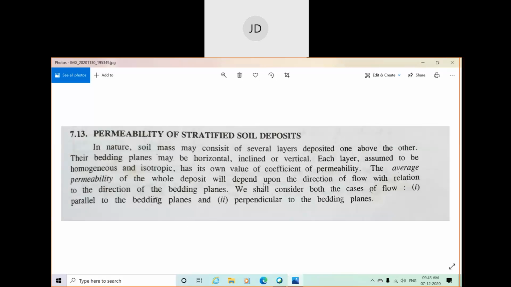So we have considered both cases of flow. The first case is flow parallel to the bedding plane, and the second case is flow perpendicular to the bedding plane. For these two cases, we can determine the coefficient of permeability for the stratified soil deposit.